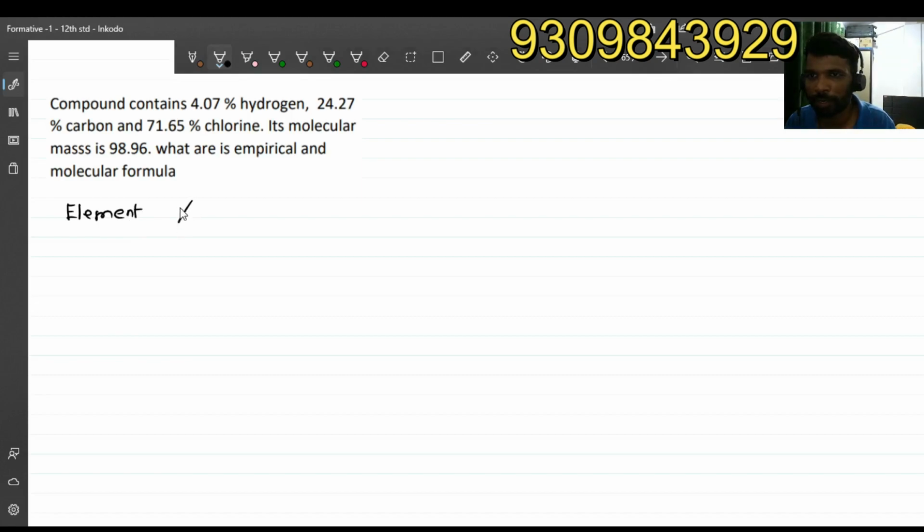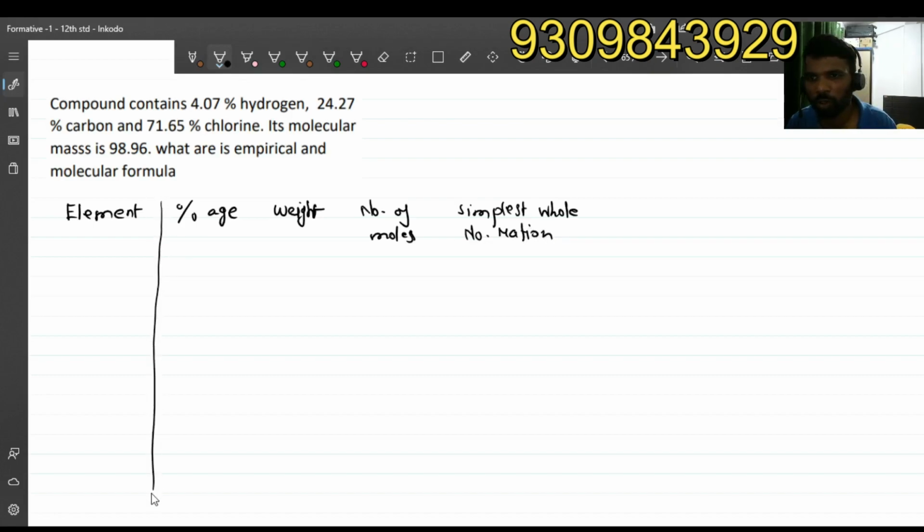Then I'll write percentage. Then the next column is for weight. I'll be converting all these weights. Then I'll write number of moles. And then the simplest whole number ratio. You should also make this column while solving. It becomes easier and looks systematic.